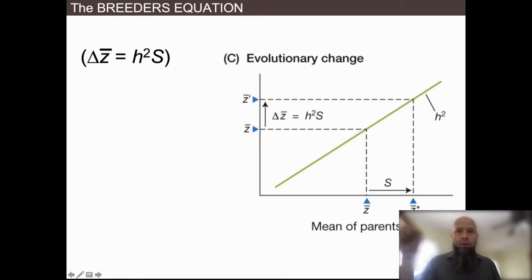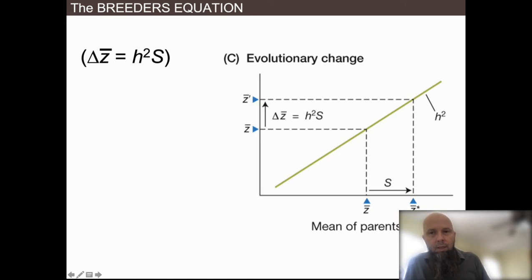If heritability is 1, as illustrated here, the parental average and the offspring average are going to be the same. But what's illustrated by S is selection acting on the population. Remember when we had that graph where it showed individuals to the left of that dashed line expiring? They didn't survive. What that means is the parental average shifted due to selection to z-bar star.